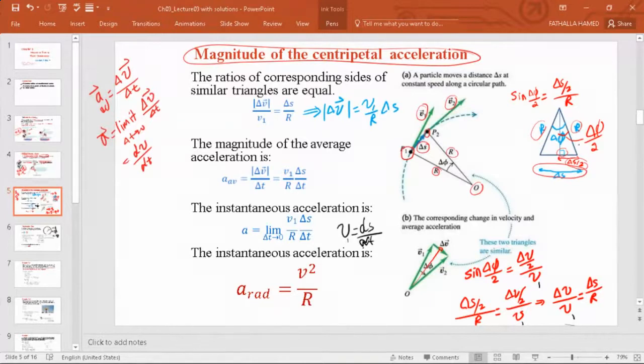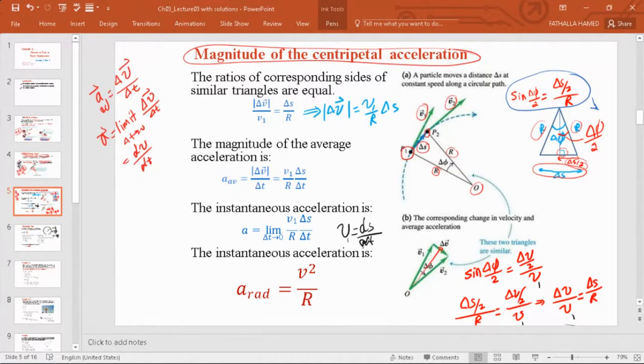So you have a right angle triangle here where your hypotenuse will be r, and the side opposite to delta phi over 2 will be delta S over 2. So if I take sine of delta phi over 2, it will equal delta S over 2 divided by r. And that's basically what you get from this triangle here.